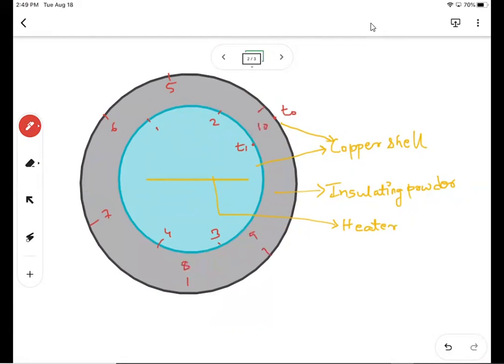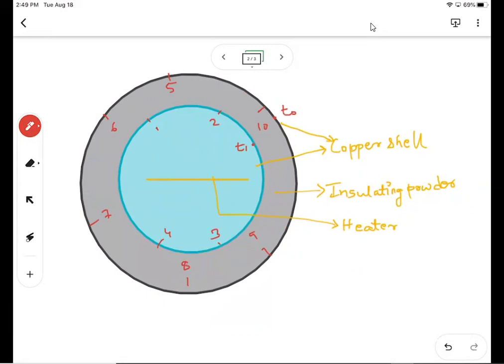If you want to know the inner temperature of the shell, you add T1, T2, T3, and T4 and divide by 4, so that you get the average temperature of your inside shell.